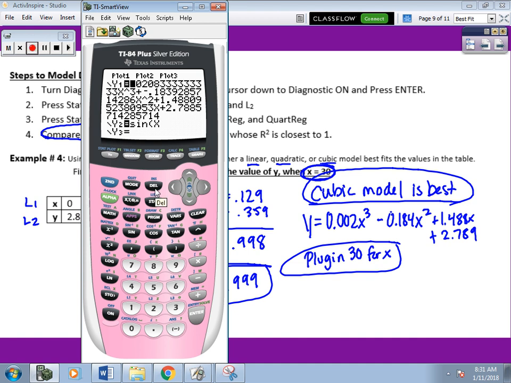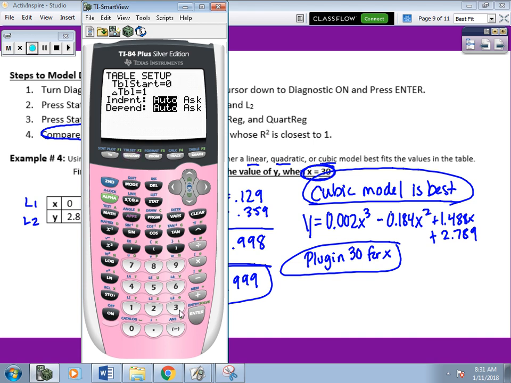Oh, shoot. Let me just do that again. Just trying to delete this function. All right, now, if we want to evaluate 30, go to your table. Second graph, and you can either scroll down to 30, which might take you a little bit, or something you can do is modify the table.